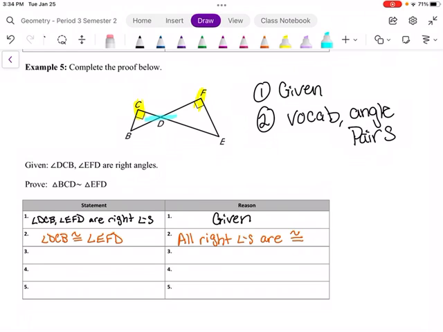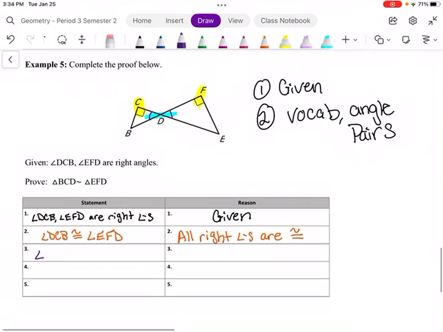So these are congruent to each other. When you name them though, you have to use 3 letters because there are 4 possible angles here that you're talking about if you say angle D. So for this we can say angle CDB is congruent to angle FDE, and we know that because vertical angles are congruent.